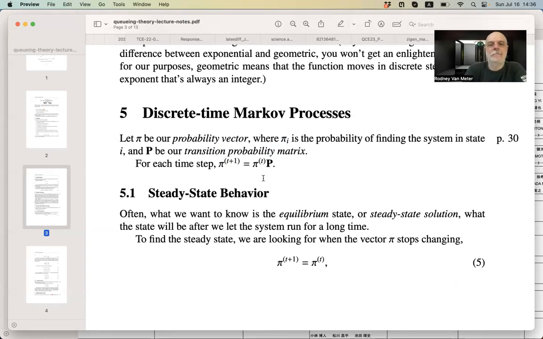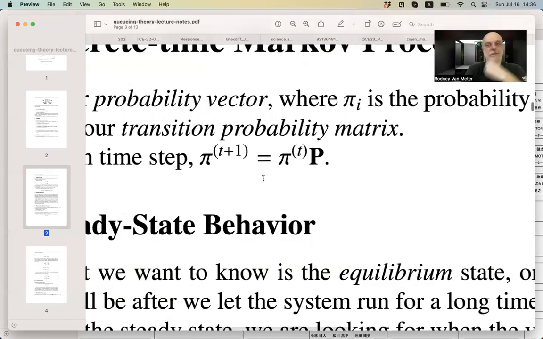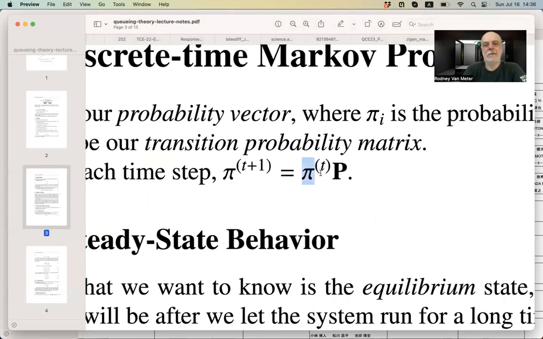We'll write the state at time t as pi with t as an exponent in parentheses, and so pi of t plus 1 equals pi of t times P.